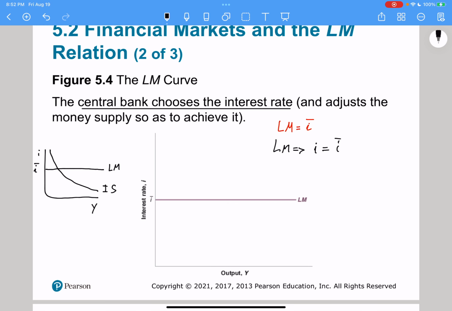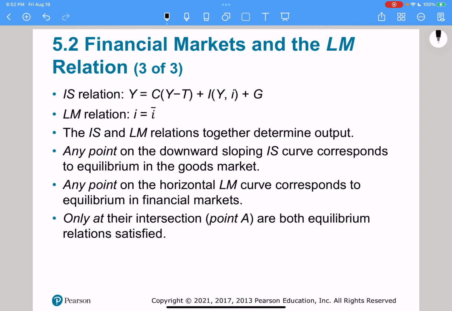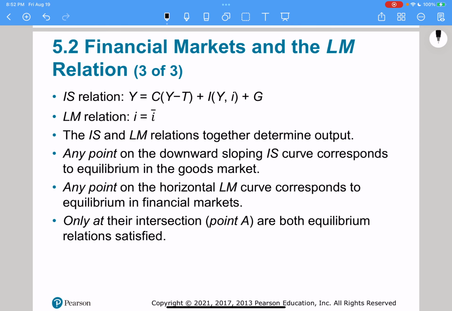So this is going to be an IS-LM model. This is where we put everything that we already discussed in one slide. What's the IS relation? Well, the IS relation comes from the equilibrium in the goods market, which is Y equals to C plus I plus G, with the respective formulations for consumption and investment.